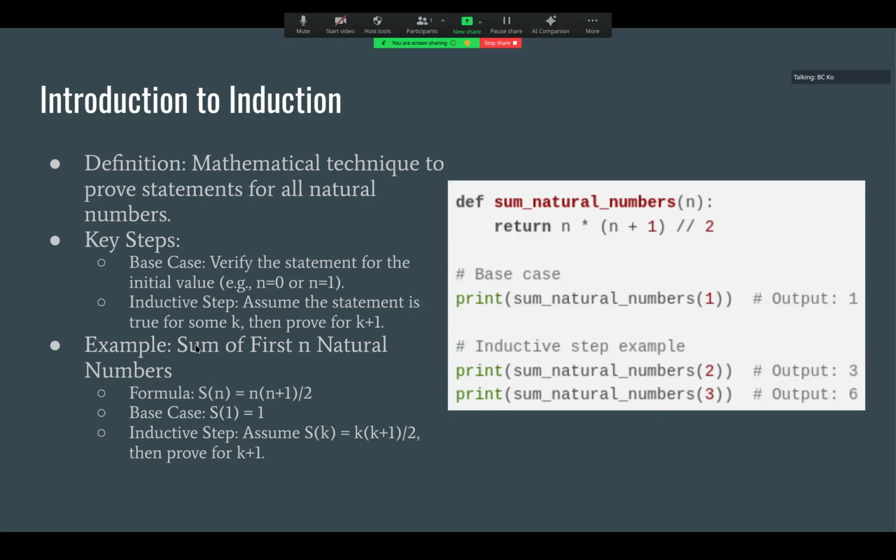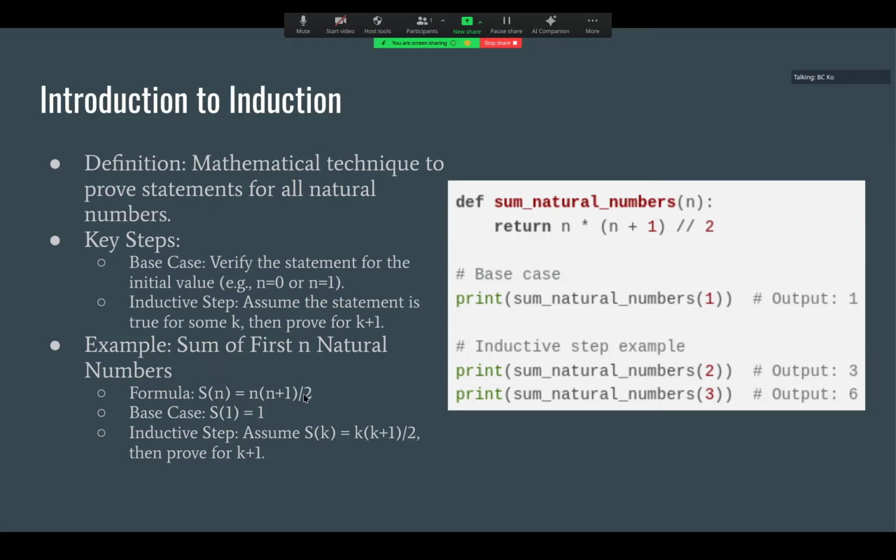If we look at an example, we have this statement that we want to prove: the sum of the first n natural numbers equals n times n plus 1 divided by 2.